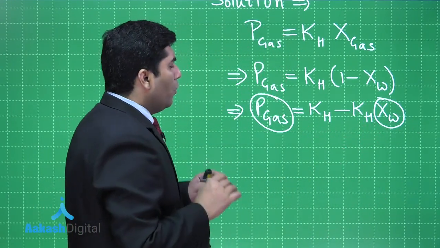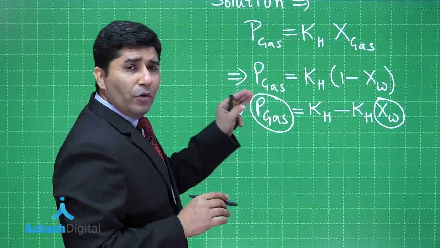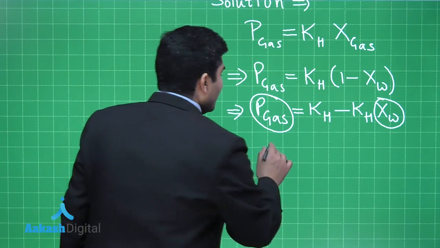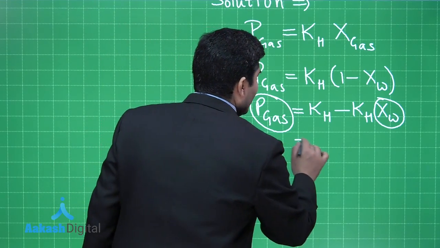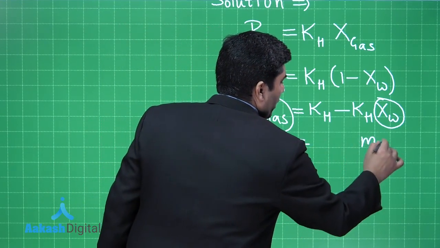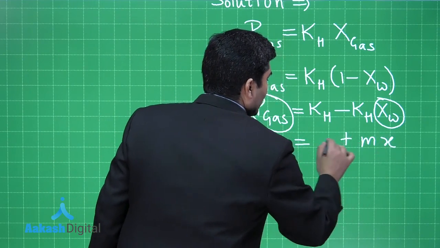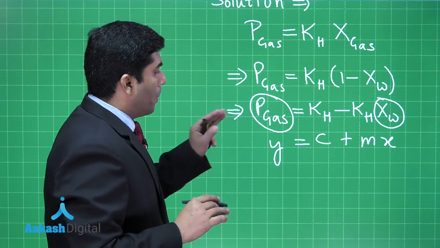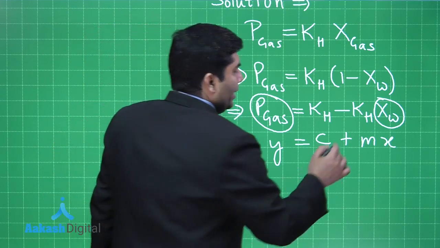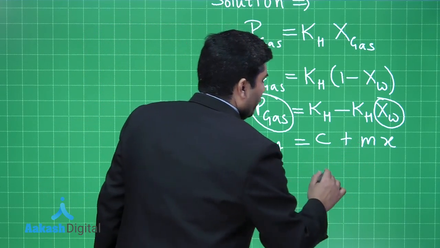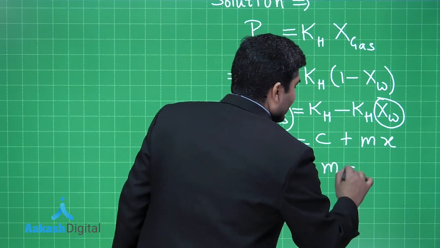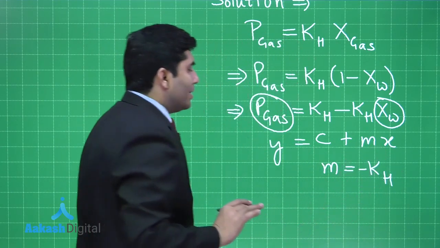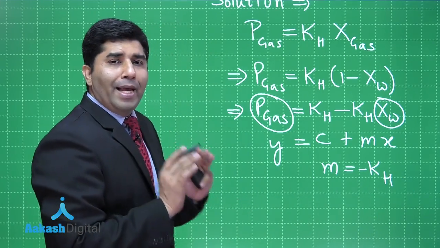So what we can do, we can compare this equation with the equation of the straight line. So the equation of the straight line is y is equal to mx plus c, right? Now it means that the value of m is minus KH, means the slope will be negative.